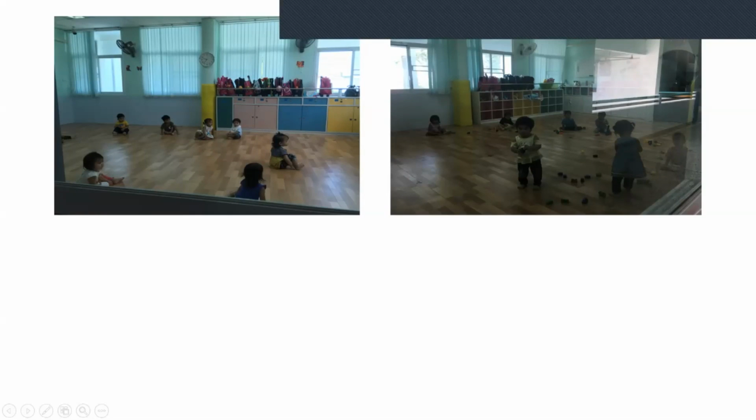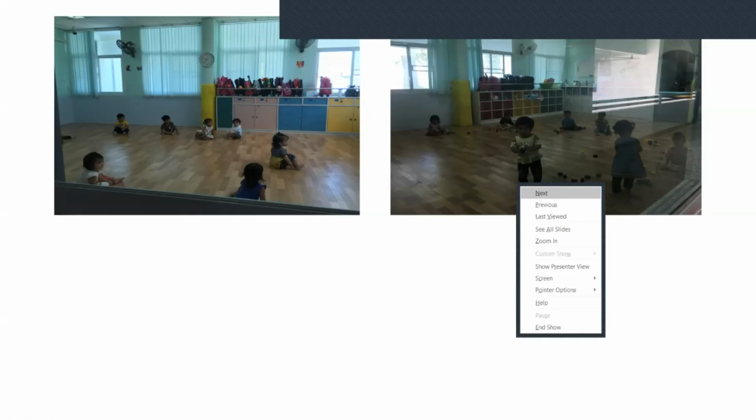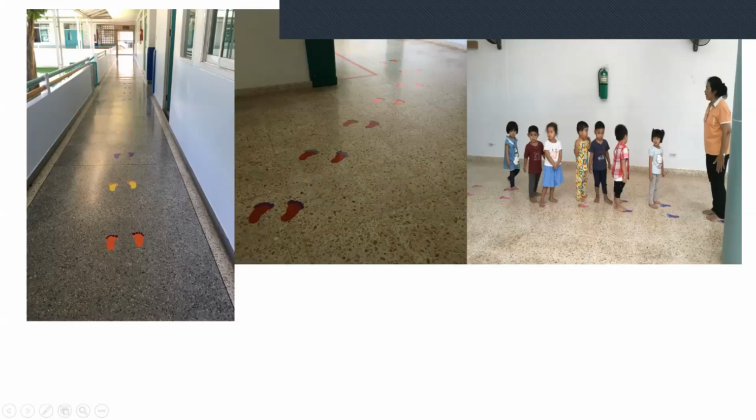So the children sit not nearby, sit far from each other, and they can play. As much as possible, right? As much as possible. Yeah, right, for the kids.